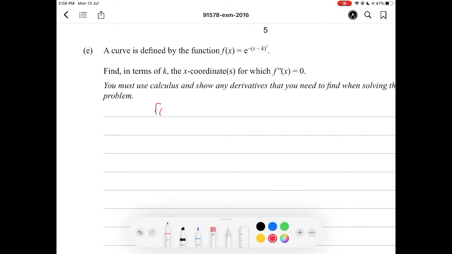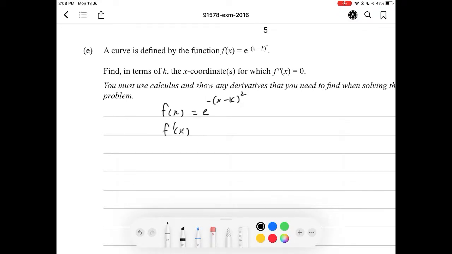Alright, so f of x equals e to the power of negative (x minus k) to the power of 2. If we're trying to differentiate e to something, the e stays the same, but we multiply by the derivative.